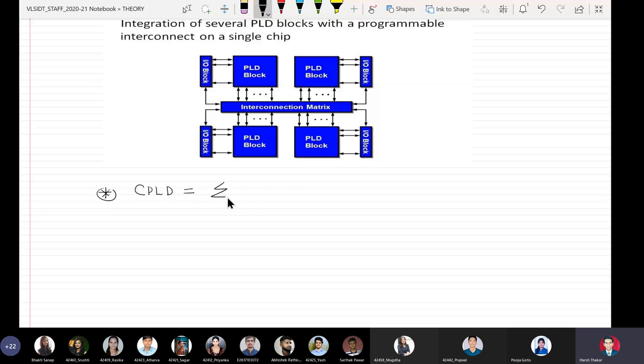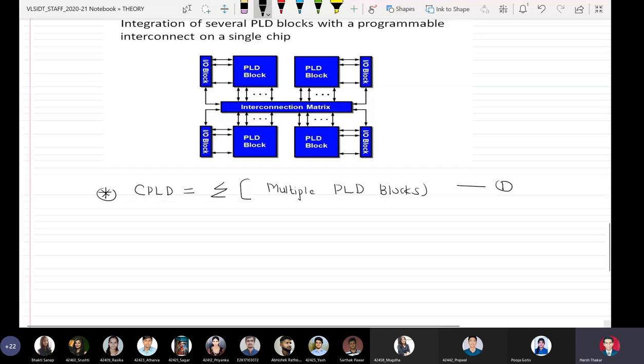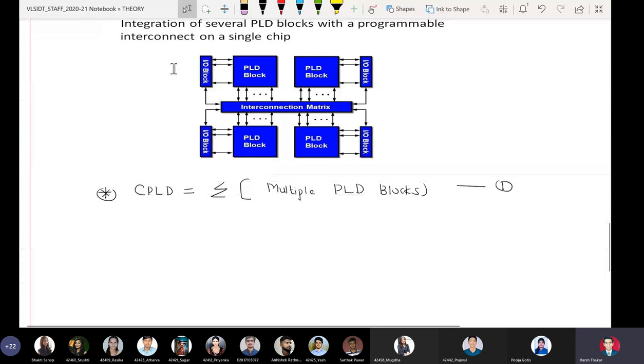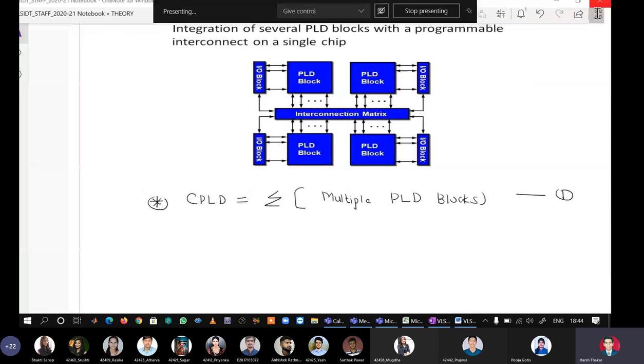CPLD is a combination of multiple PLD blocks. Okay, this is the first statement. Now I am going to show you another diagram. That diagram actually shows what every PLD block contains.